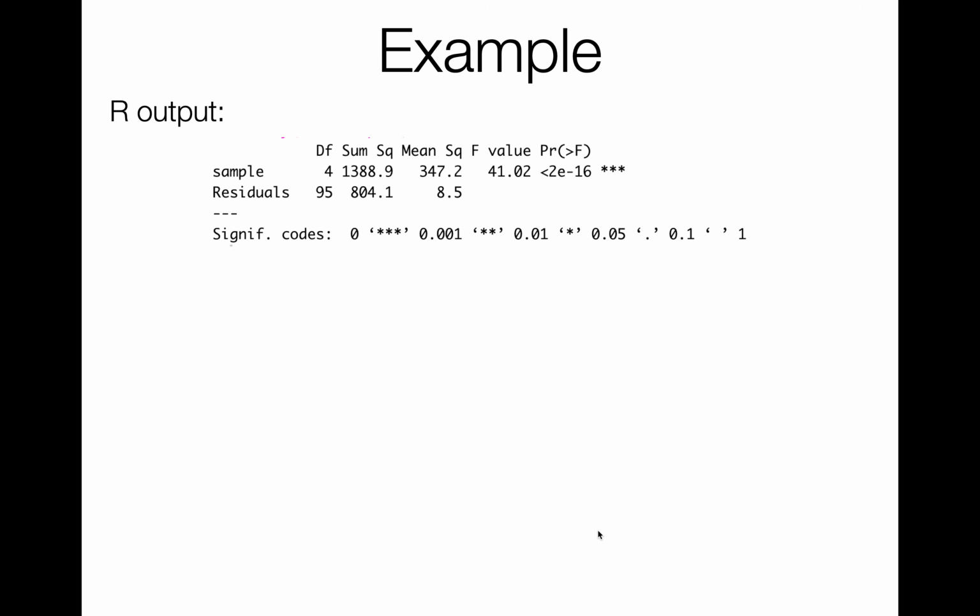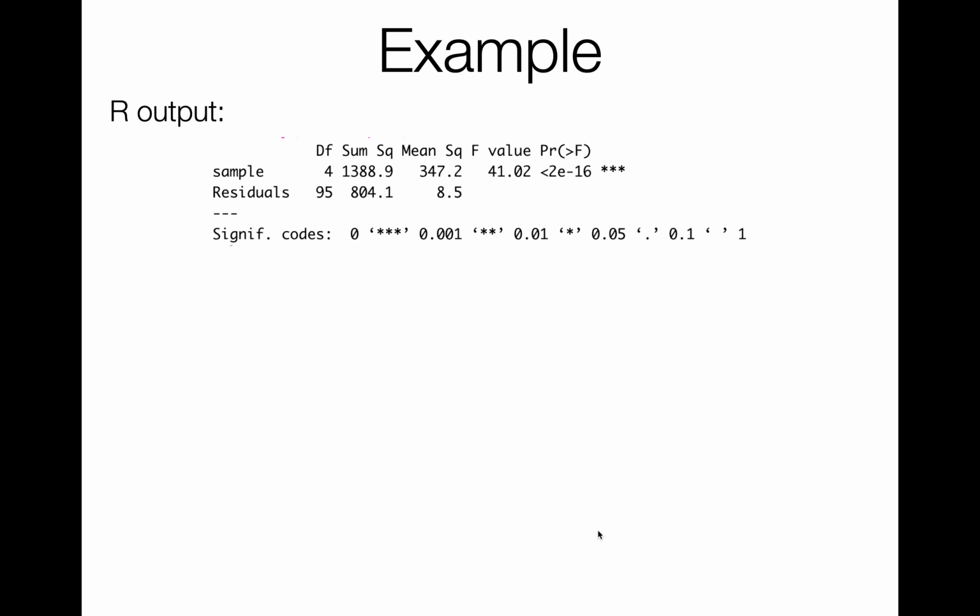I could talk to you for a while about how all of this is formed. We know the degrees of freedom; we talked about how you calculate those, but we didn't talk about how you calculate the sum of squares. Those are the weird formulas that we aren't going to talk about. The mean squared is formed by taking the sum of squares divided by degrees of freedom, right?